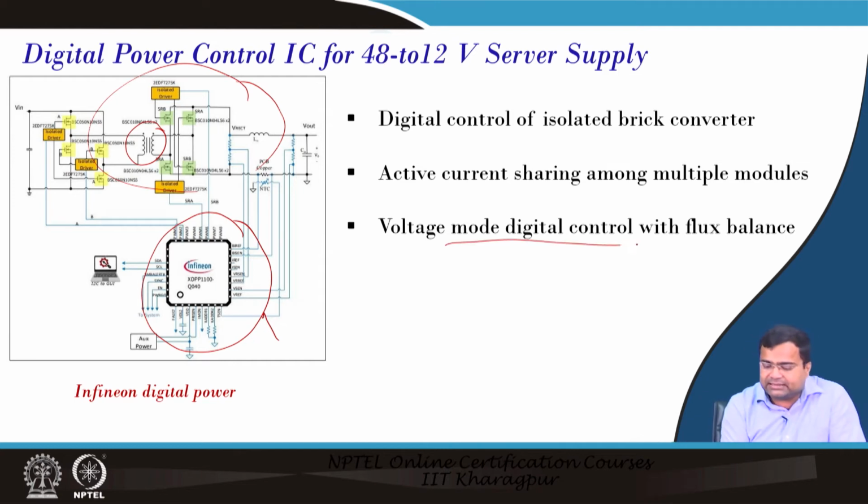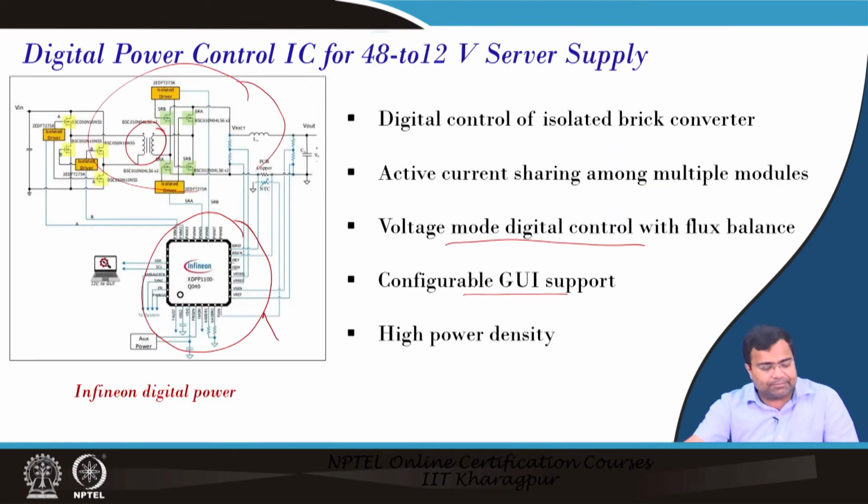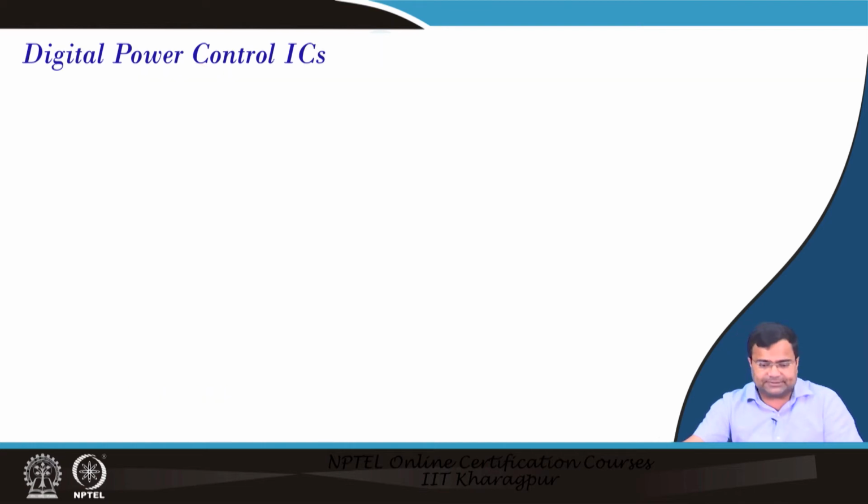So, this digital control uses the flux balance method, but it is a voltage mode control, and this IC also offers GUI, graphical user interface support. You can get details from the digital part number of the IC, and it also offers very high power density, because the controller, compensator, logic, everything is inside the IC.